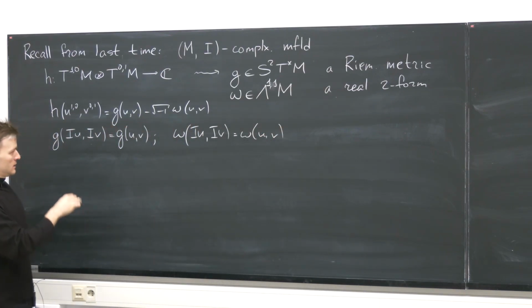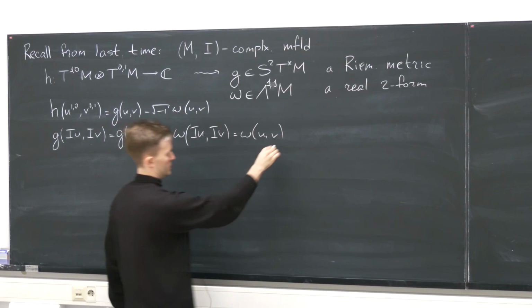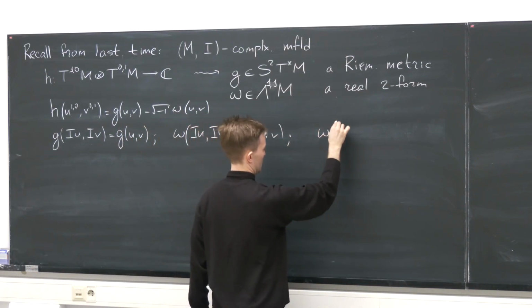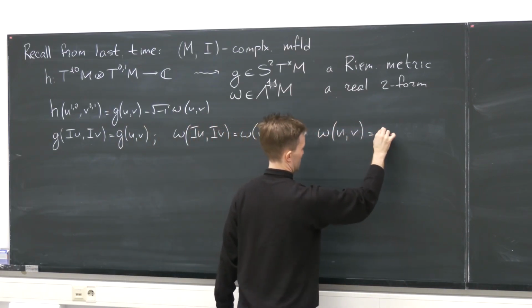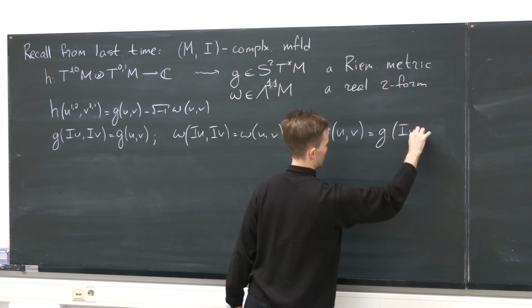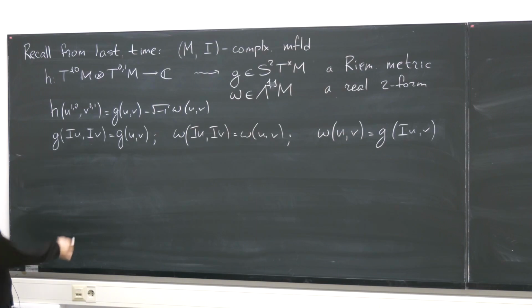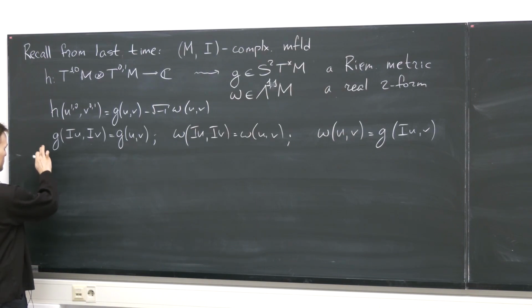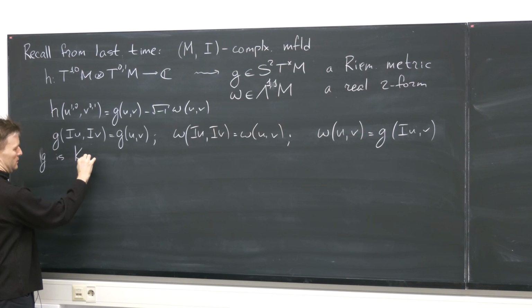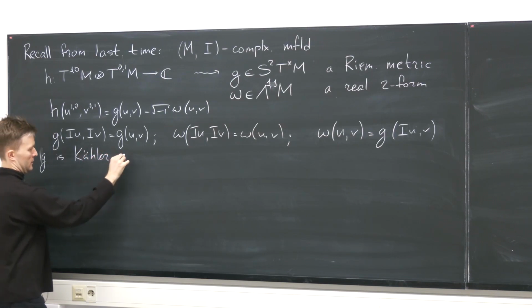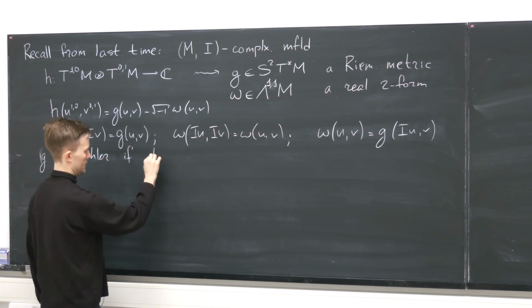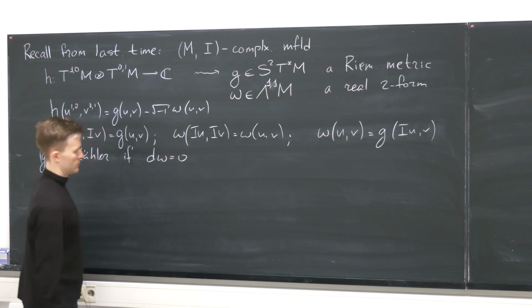And they are related in the following way: one can reconstruct one of them from the other via a relation like this. So H or G is Kähler if the two-form is closed.